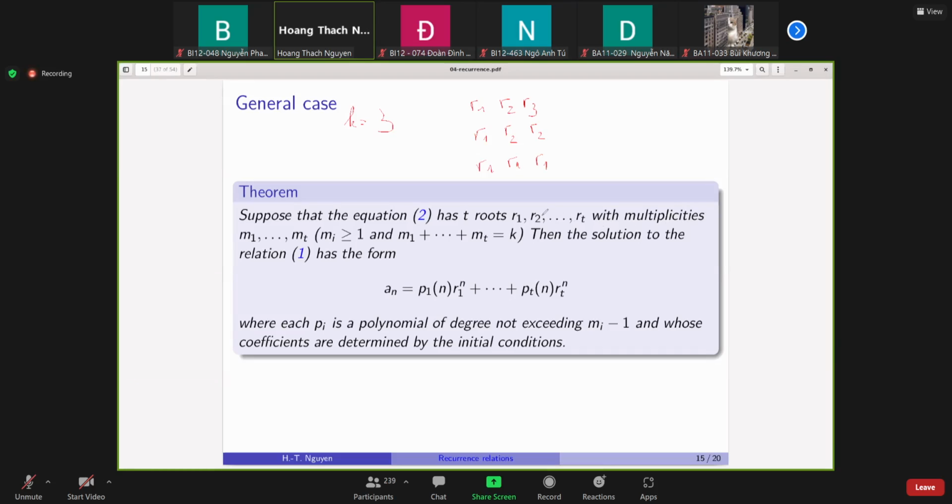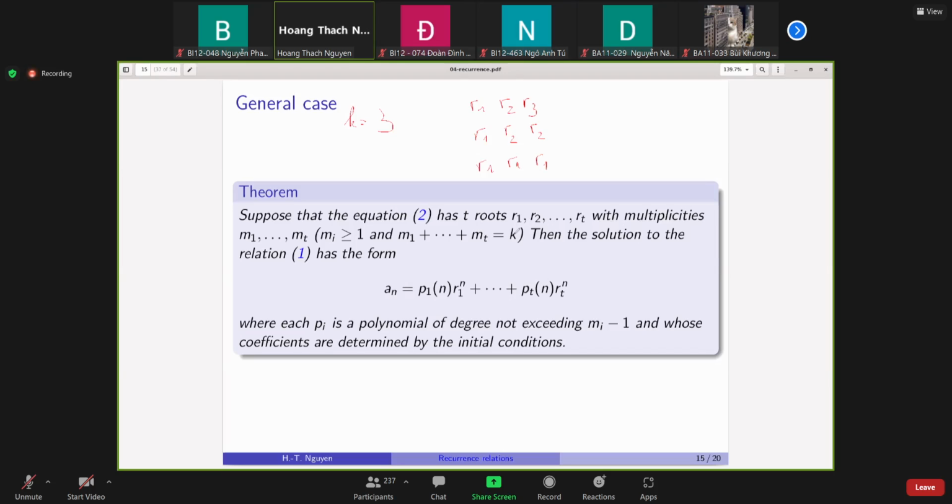Okay, so all the t values are different from each other, and you need that the sum of all the multiplicities is equal to k, of course, because it is a polynomial equation. The total number of roots, if you count the multiplicities, should be k.